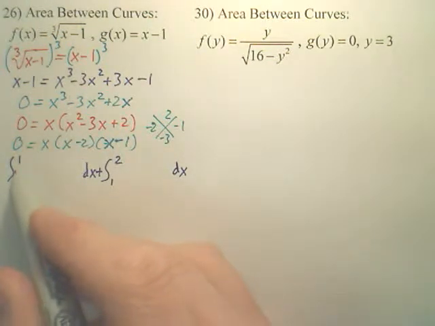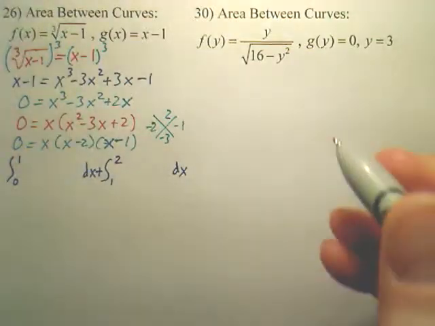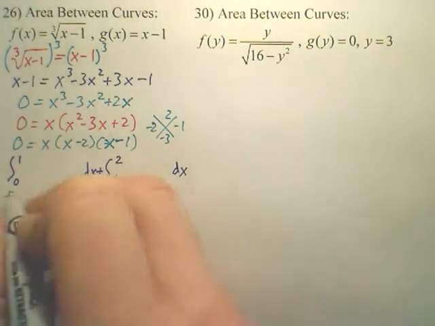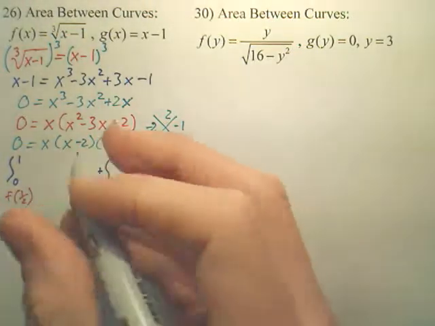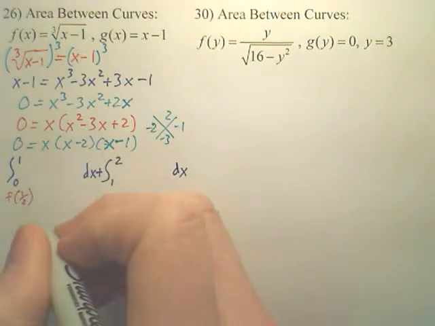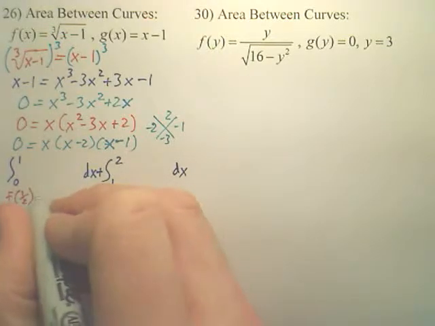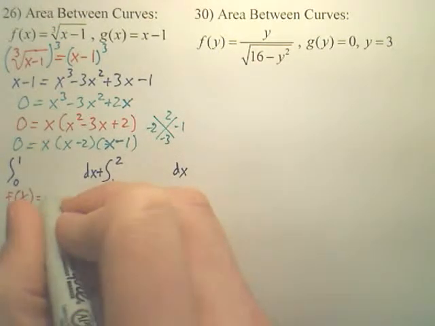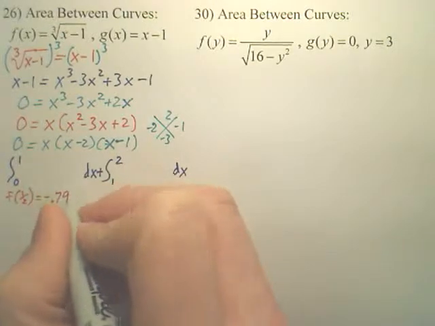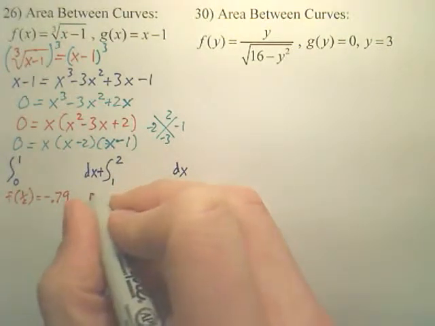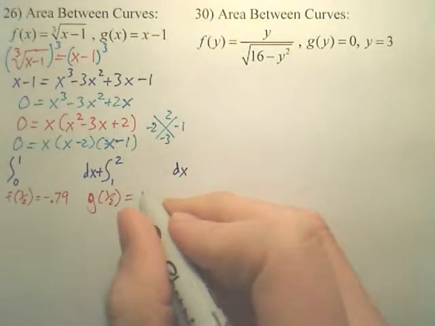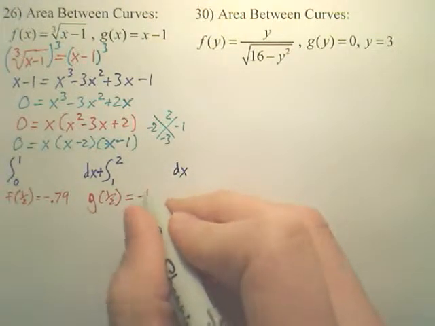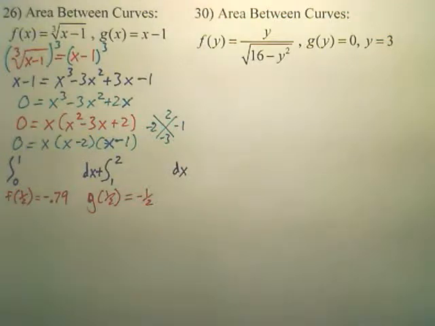If I find f of 1/2, that is negative 0.79, and g of 1/2 would be simply negative 1/2. Correct?